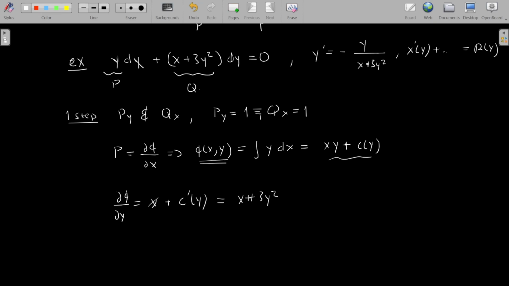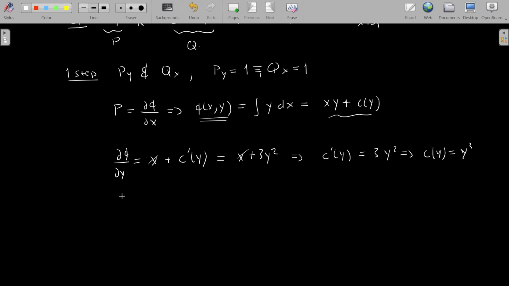So this and this go away, and this is equal to 3y squared. Or is simply y cubed, right?